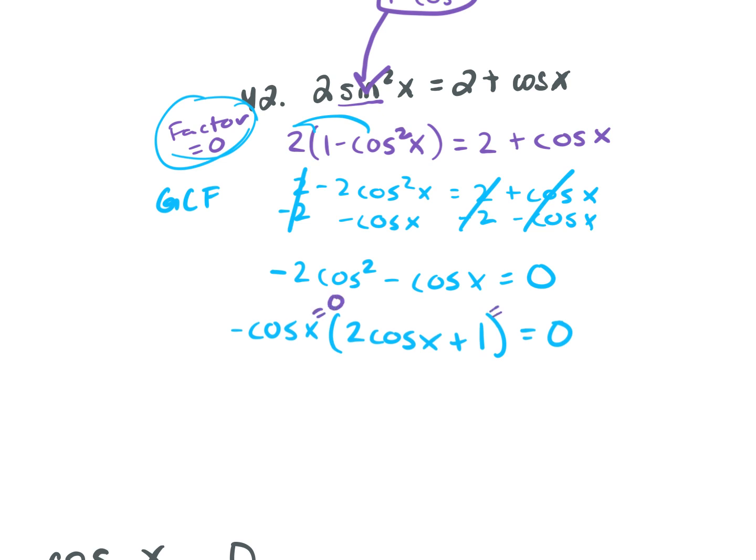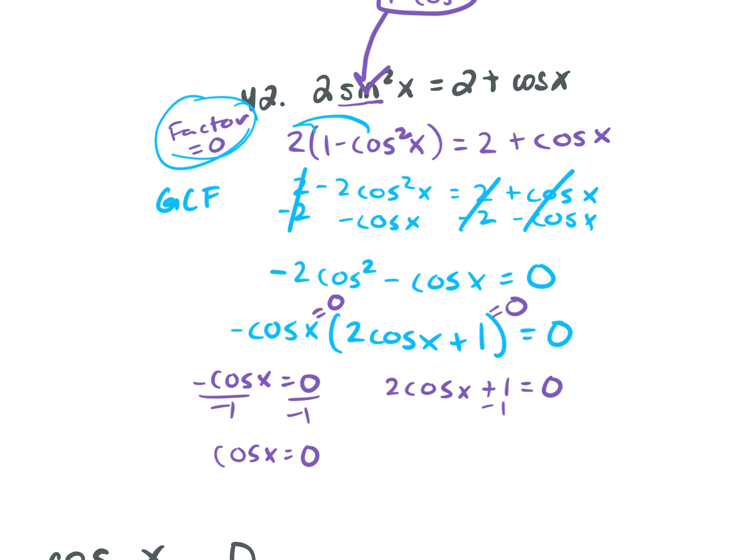Set them equal to 0. So negative cosine x is equal to 0. When we divide by negative 1, it's the same as cosine is equal to 0. And then with our other one, we have 2 cosine x plus 1 is equal to 0. We need to subtract 1 and divide by 2. So cosine is equal to negative 1/2.